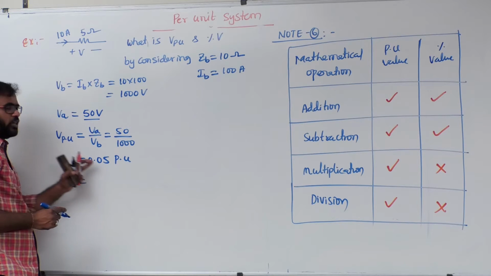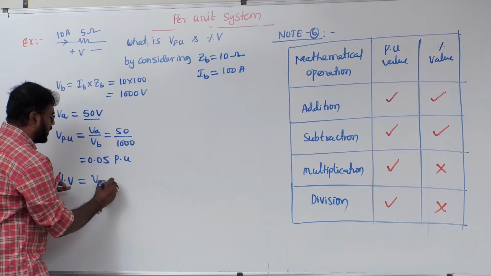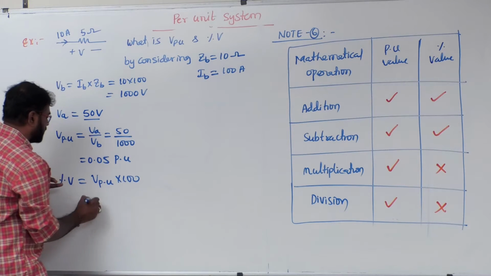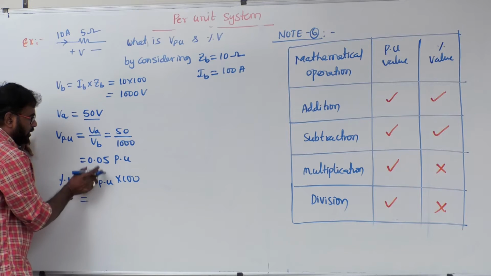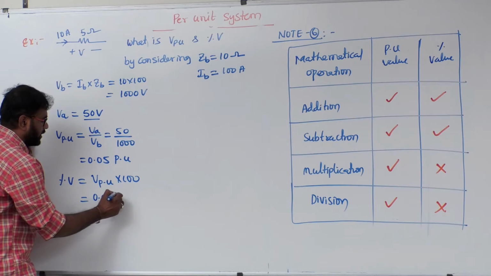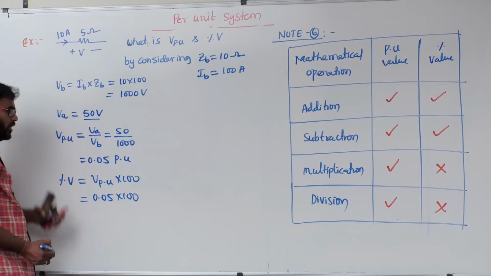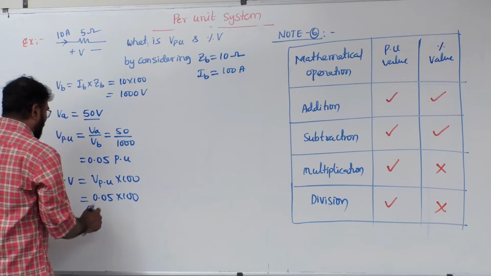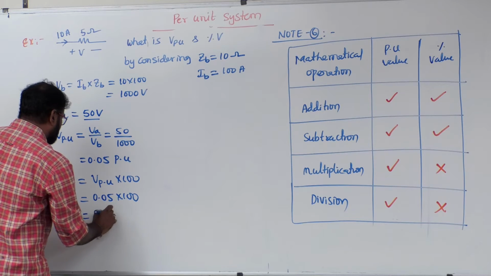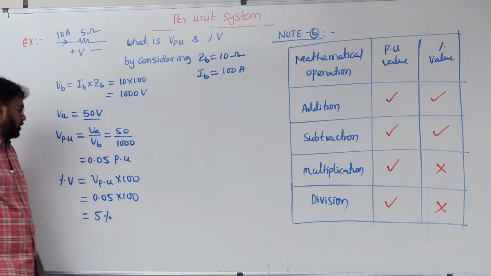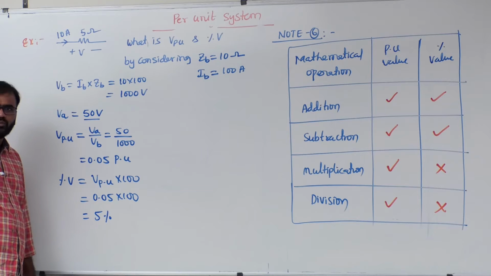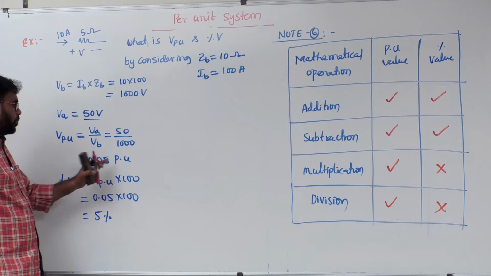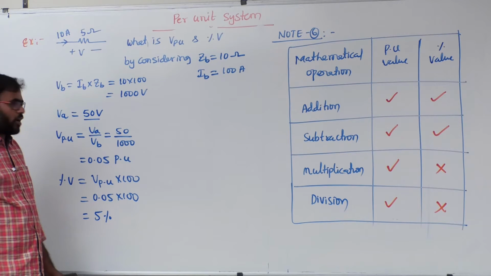Let's multiply per unit with 100. V per unit multiplied with 100 is V percentage. 0.05 into 100. If you multiply 0.05 with 100, I get 5%. That is the percentage V. Per unit V is 0.05, percentage V is 5%.